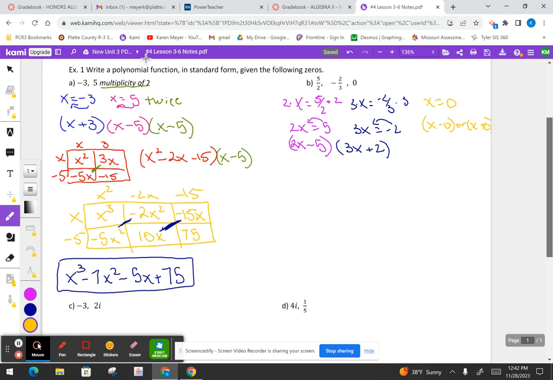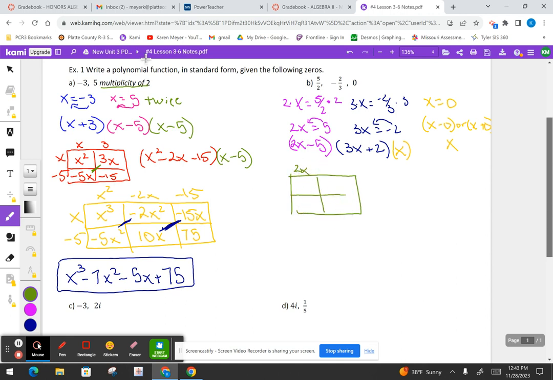But really, that's just the same thing as saying it's just an x. Because if you add 0 or subtract 0 from x, it just stays as x. So right here, you're just going to multiply it by x. Okay, so what I'm going to do is start with the first two parentheses. So I'm going to make my normal box here.